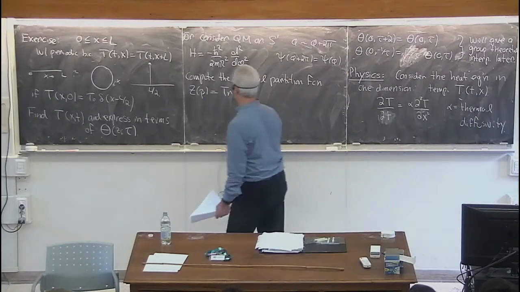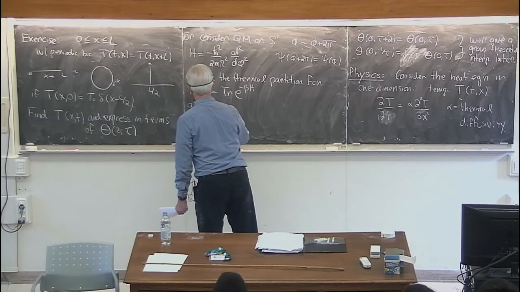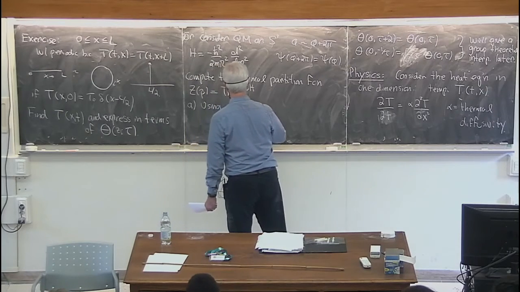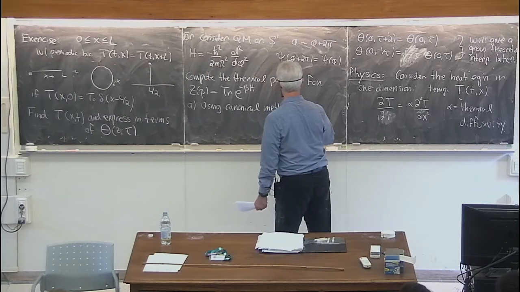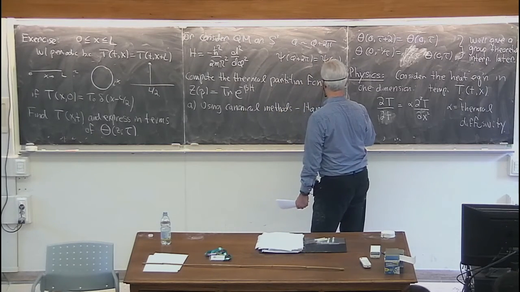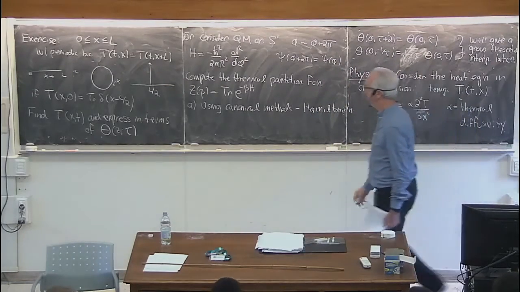So if you really want a nice exercise, do this computation using canonical methods. By canonical methods, I just mean the usual analysis. You know exactly what the eigenstates are of this very simple Hamiltonian, and write down the sum.